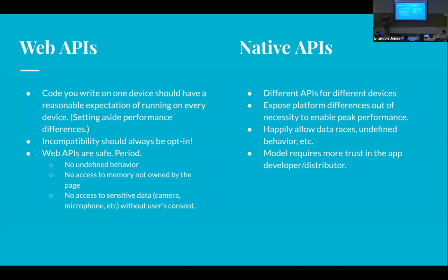That is very much not the goal of something like Vulkan. In fact, they go out of their way to expose the differences between the platforms so that you can take better advantage of it. That is a valid choice for them and their goals. I actually had the privilege of being in the room when a lot of that API was being built, and a lot of it was, hey, we've got Epic and Unreal, well, Epic does Unreal, but we've got the Unreal engine and the Unity people and everybody else in the room.